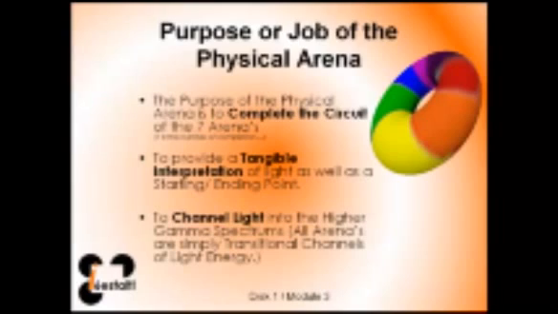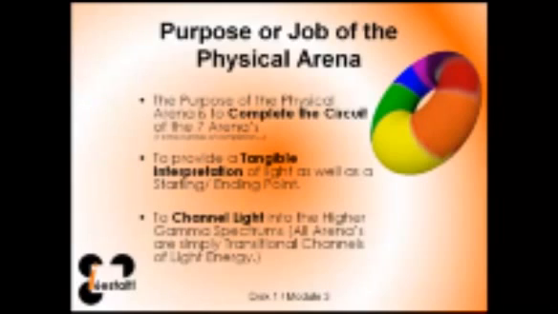And then finally, to channel light into higher gamma spectrums. All arenas are simply transitional channels of light energy. So all the arenas that this model represents, they're all channels of light energy.